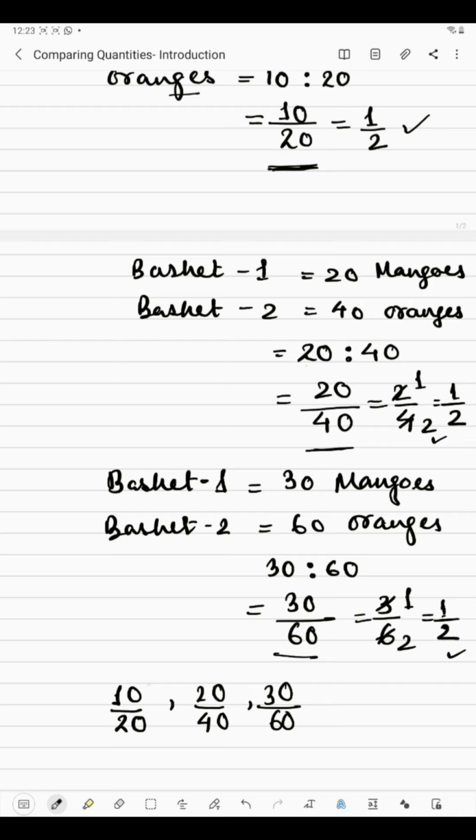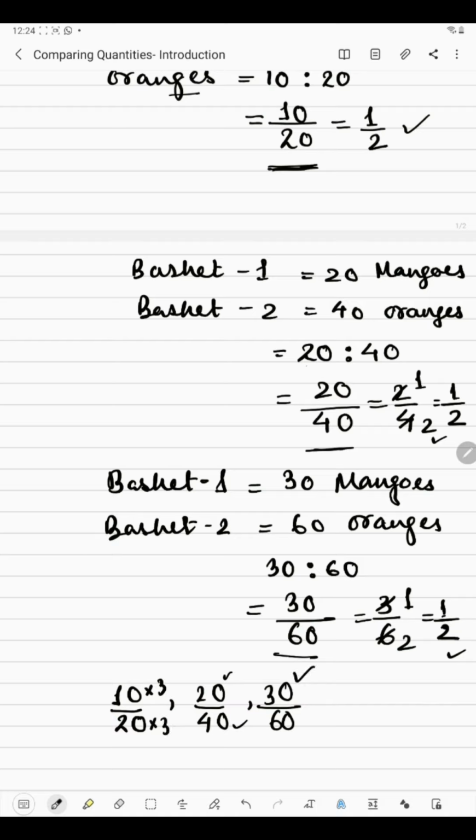So that means if you multiply 2 with the numerator and the denominator, we get 20 by 40. Again, if you multiply by 3 with the numerator as well as the denominator, we get 30 by 60. So these are all equivalent to 10 by 20.